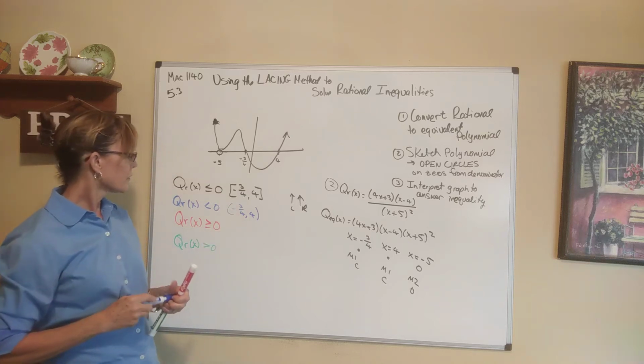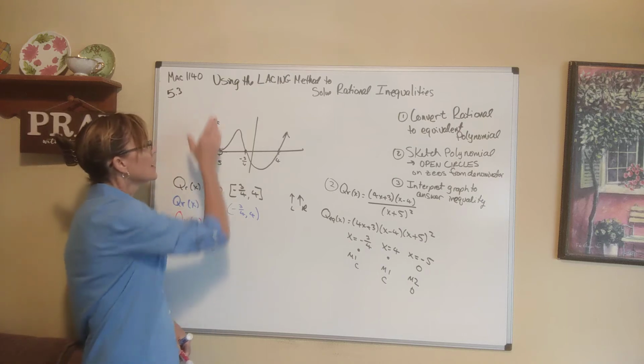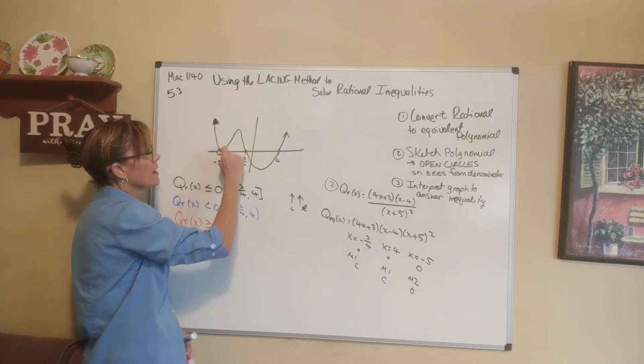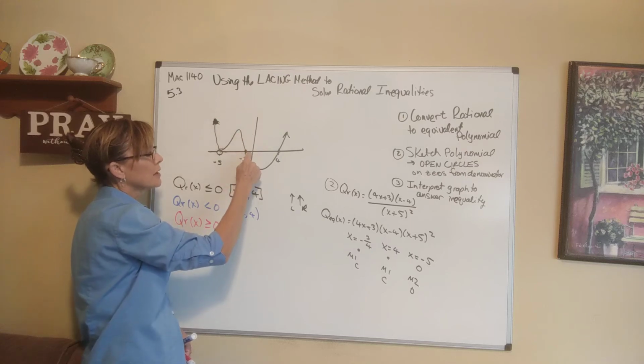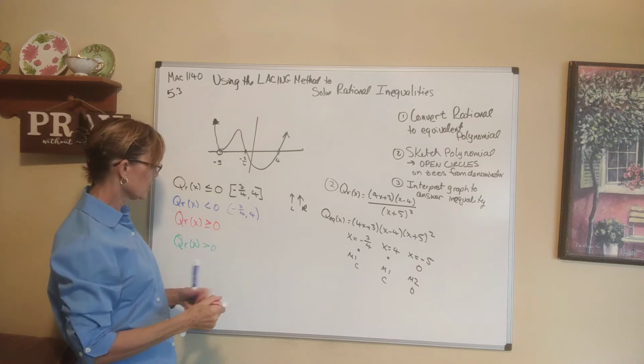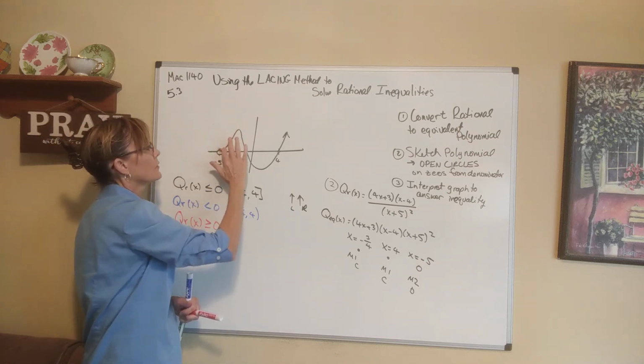Okay. For the red question, where is this guy positive or equal to 0? It's positive, but it's undefined here. Don't include that point. It's positive and equal to 0 here. It's equal to 0 here and positive. So for the red question, let me just change it to red. This is what I can include for the red.